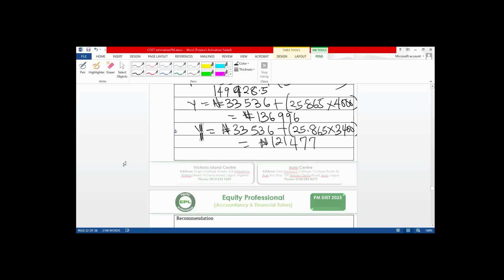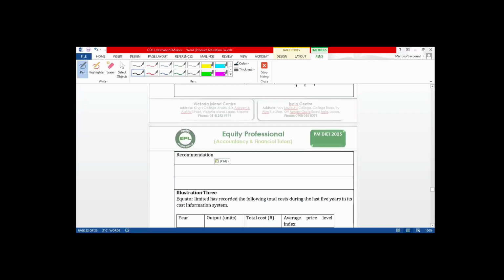So our recommendation: the optimal selling price is 40 naira. This gives the highest profit.